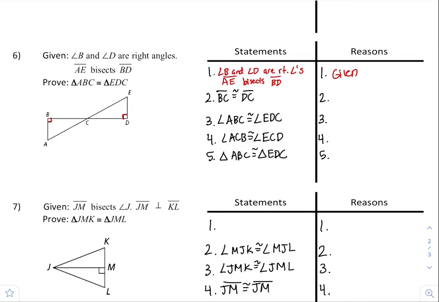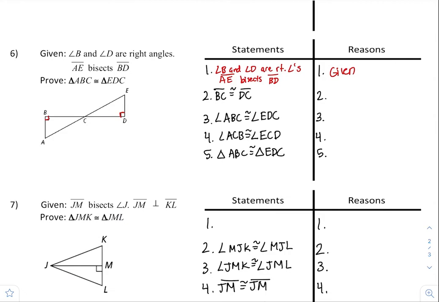Now, remember, bisects means you cut it in half. You cut it into 2 equal pieces. So this AE cut this BD in half, which means this segment, you guys, has to be congruent to this one. Why? Because that's the definition of, notice it's a segment cutting another segment, right, you guys? So this is called definition of segment bisector. It's a segment cutting another segment.